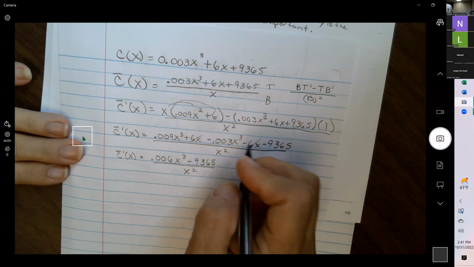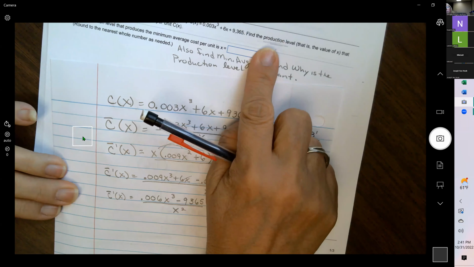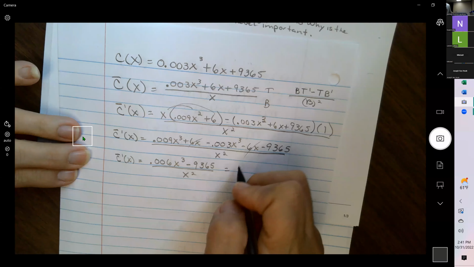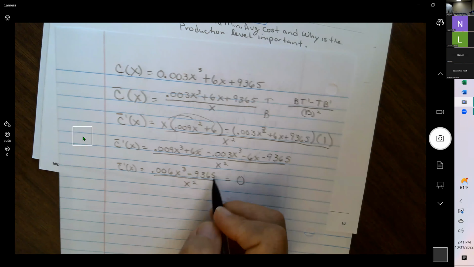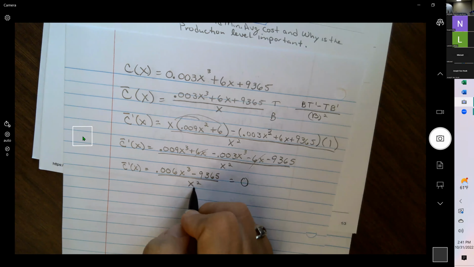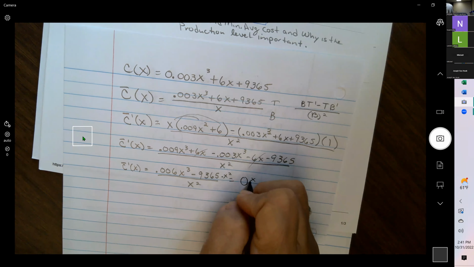So to find the critical number or the production level, you set it equal to 0. Now, when you have a fraction and you want to set it equal to 0, the only way it's going to be 0 is to set the top equal to 0. But if you weren't sure of that, if you set the whole fraction, we want to get rid of this. So we're going to multiply both sides by x squared.